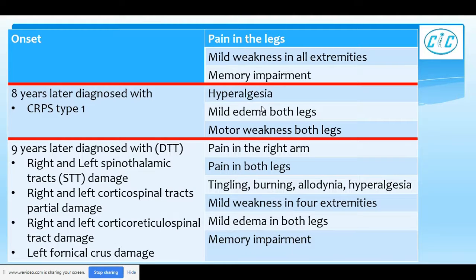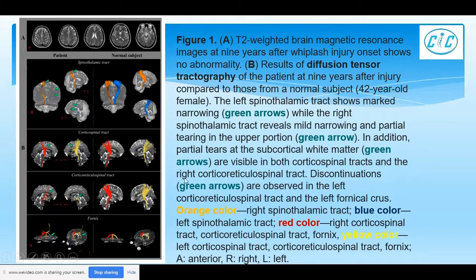Again, the memory impairment is due either to chronic pain that the patient might be suffering, which affects the limbic system, but also DTT indicates that there is left fornical crus damage, which definitely can cause memory impairment. This is the picture of the DTT, with the figure caption right here.